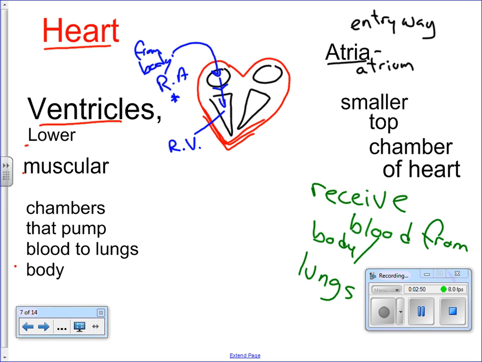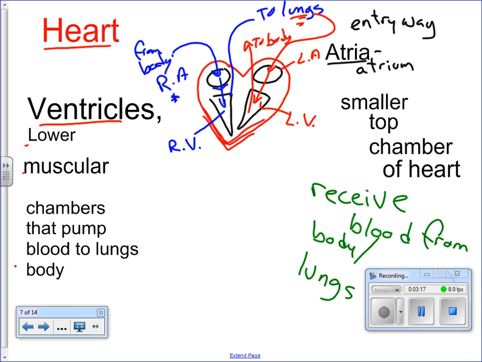No, from the right ventricle it goes, and it kind of comes around the back here, to the lungs. Right. And so then from the lungs, it gets oxygen and then comes back to the, yes, thank you, left atrium, left ventricle, and then it goes out to the whole body.